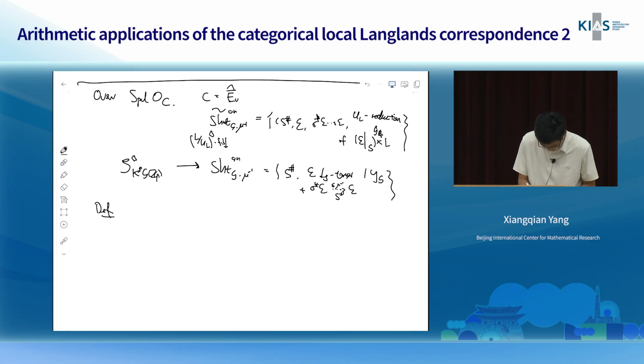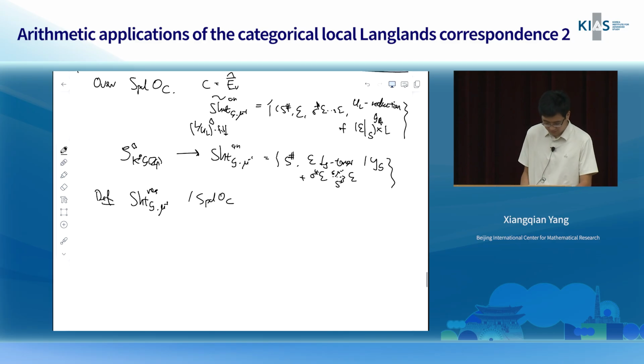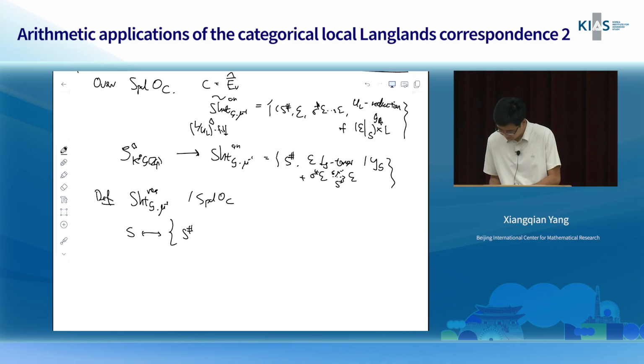Define this restricted Lucas mu inverse over Spd O_C by sending S to the following data. So it's an untilt S sharp. Let me check the formula.